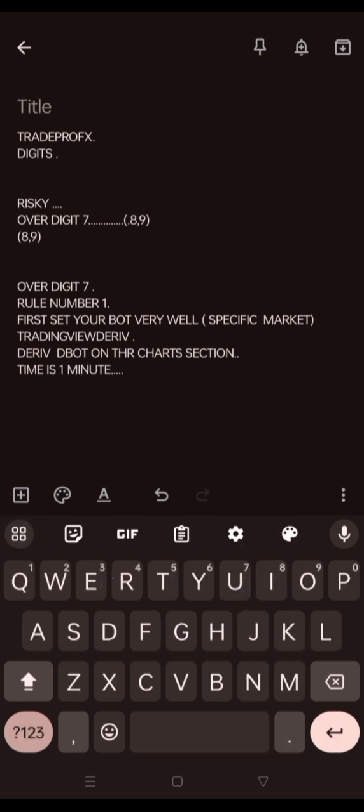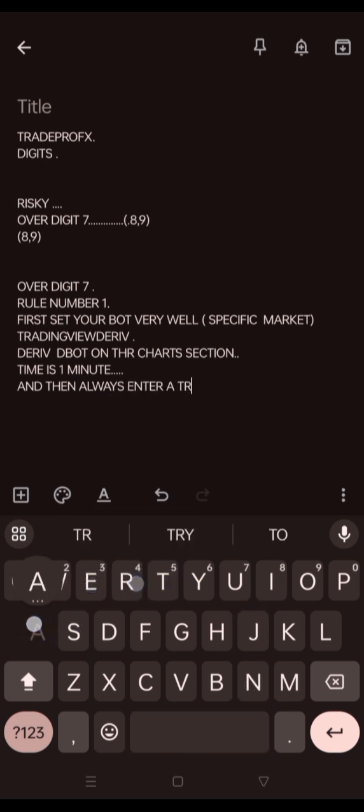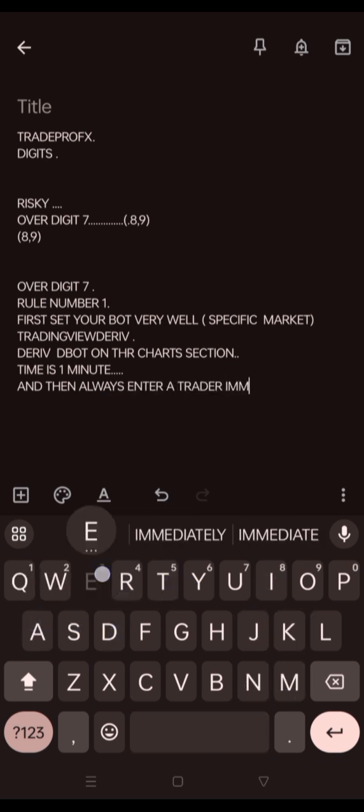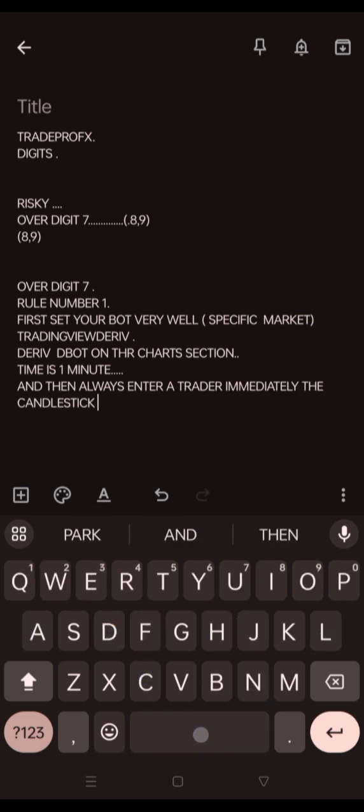1 minute, and then the entry is always to enter a trade immediately the candlestick has closed.